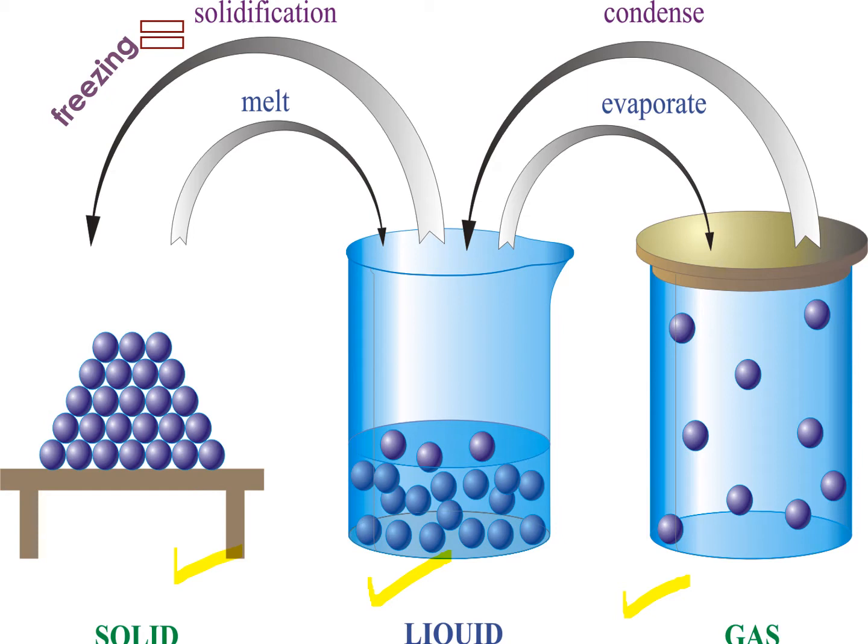Here we call this process melting. Melting means change of matter state from solid to liquid by heat. So by heat I can change from solid state to liquid state.